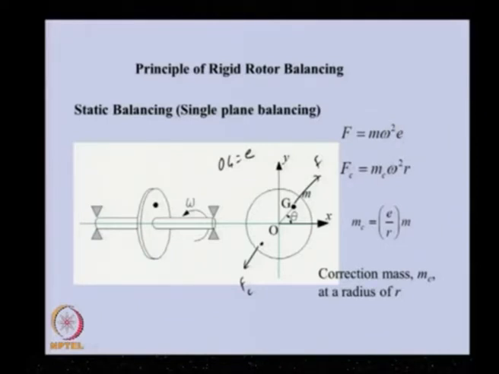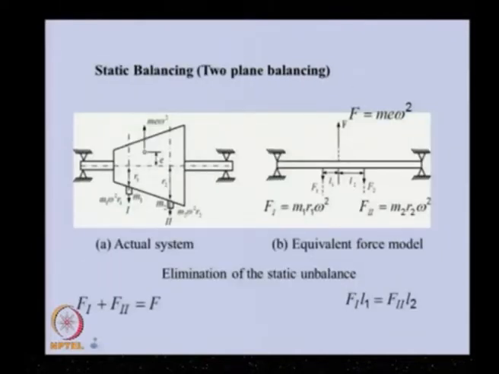If we equate these two forces, we will see that the correction mass will be given by this expression. By this we can obtain what the correction mass should be in single plane balancing, which we call static balancing, because in this particular case we need not rotate the rotor at high speed.